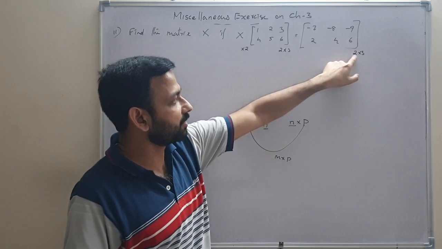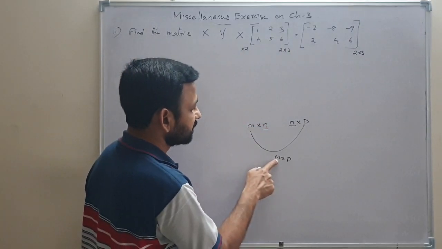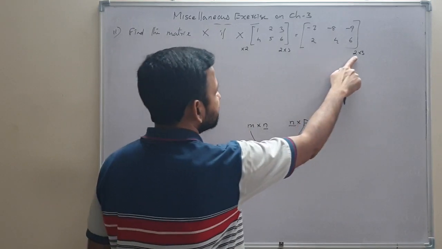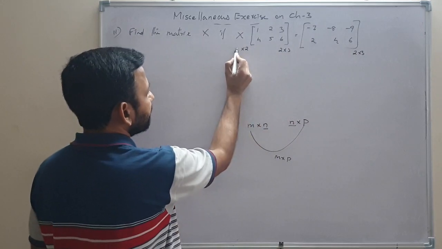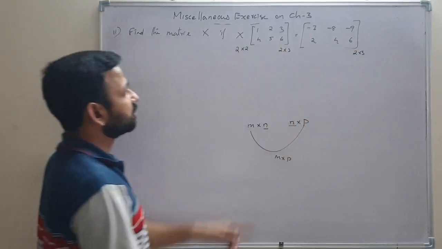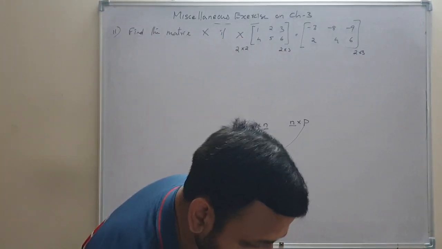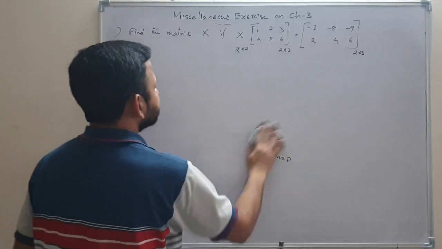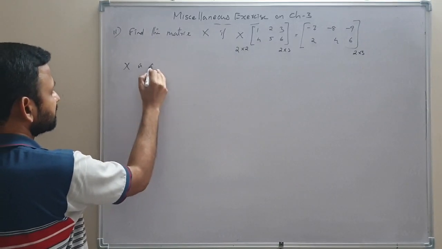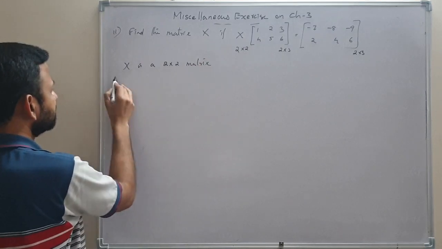So this 2 is m from the first matrix, and p is from the second matrix. So this 2 is the number of rows of the first matrix, and 3 is the number of columns of the second. So the order of X will be 2 by 2. So we can write X is a 2 by 2 matrix.